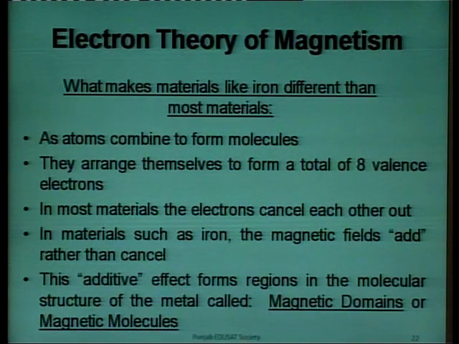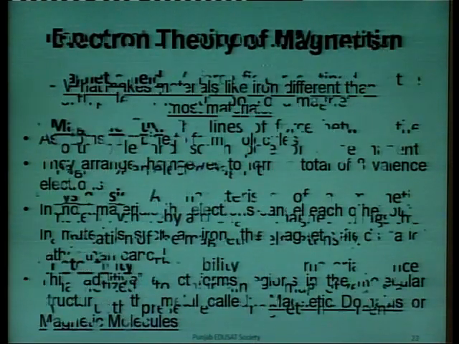This additive effect forms regions in the molecular structure of the metal called magnetic domains or magnetic molecules, as we had seen in the last slides.